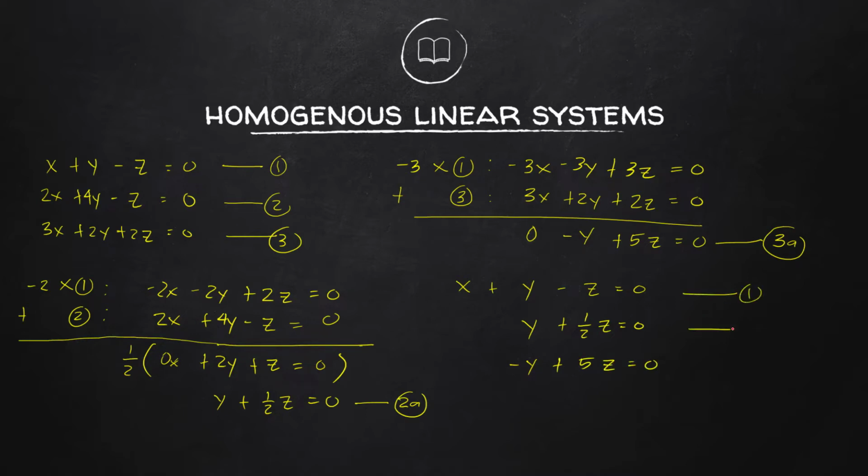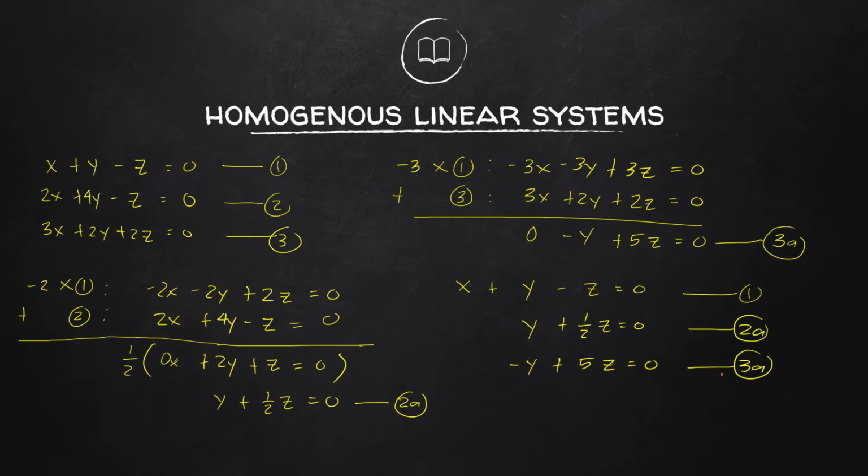Equation 1, equation 2a, and equation 3a. So now that we have your modified equations, we have eliminated the x variable in the second and third equation. We can now eliminate the second variable for the third equation.